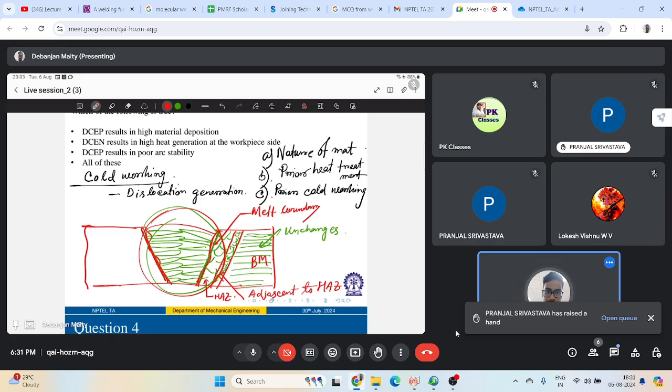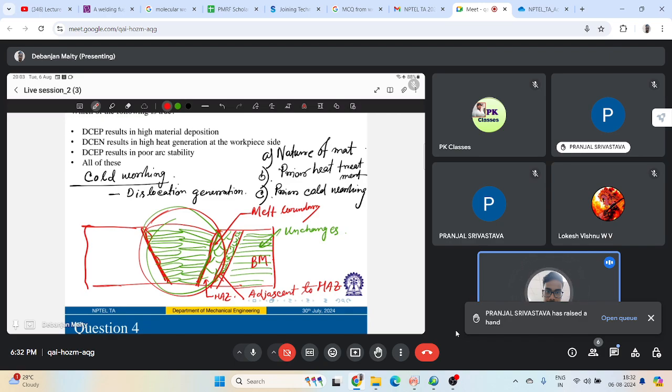If you are doing some annealing kind of thing, some heat treatment, there will be some coarsening of the grains, right? And there will also be some partial recrystallization that will occur. And in either of those cases, the strength will fall much below that of the parent metal.